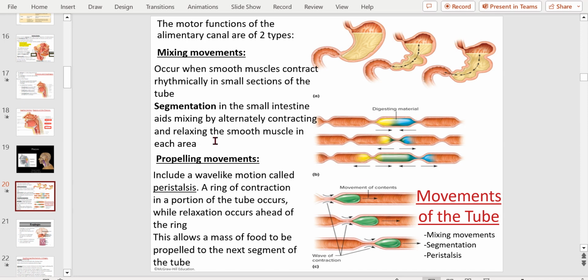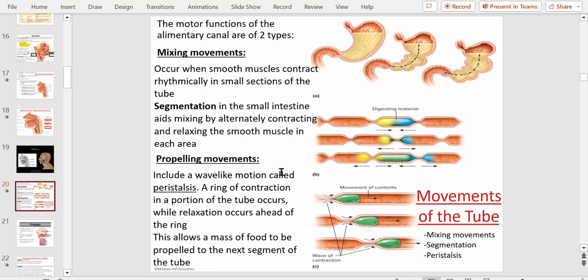So there's what we call segmentation. The small intestine mixes by alternately contracting and relaxing the smooth muscle in each area. So let's say here's a food parcel, and it separates it. It moves it all around. It squeezes it. And it's all about surface area, and coming in contact with the food particles so that it can digest and absorb it.